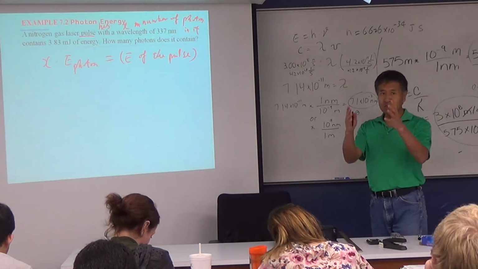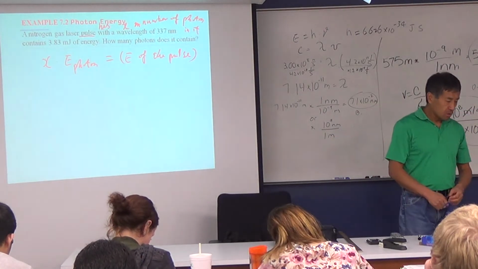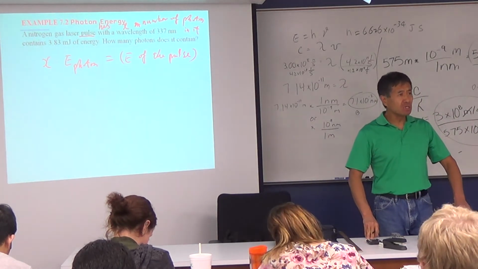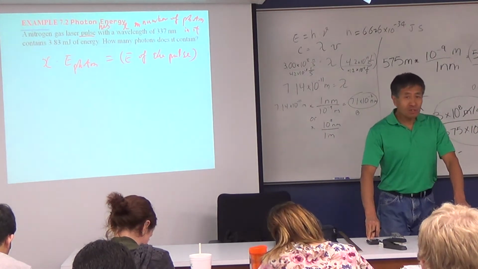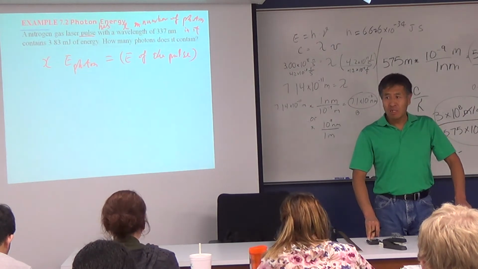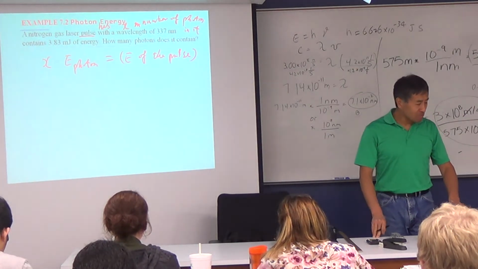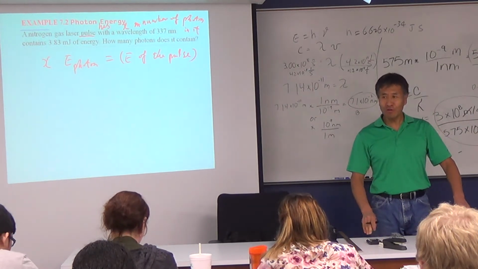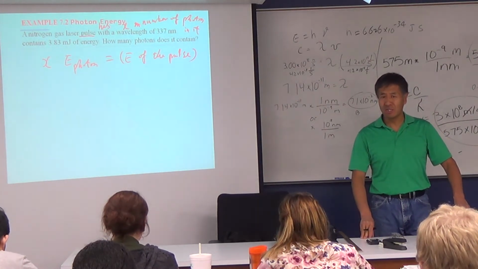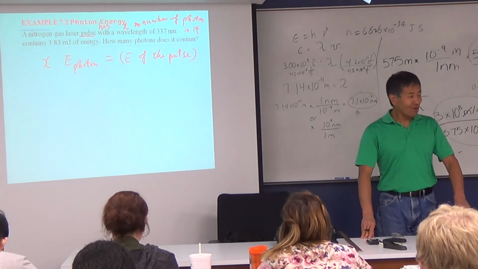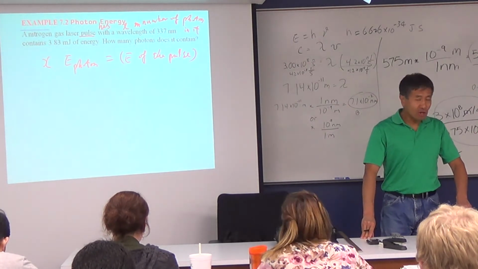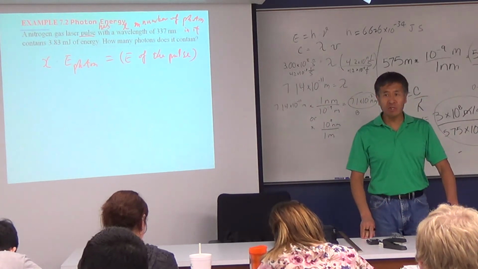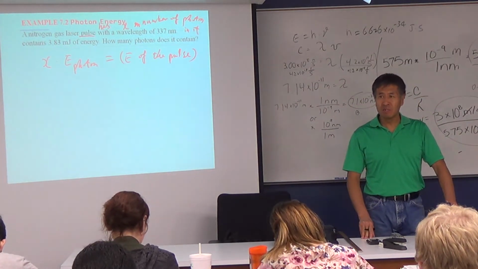So that is the idea. You have that pulse, and it has X number of photons in it. Because it's a laser, all the photons have the same frequency or the same wavelength. Therefore, all the photons have the same energy. If you have X number of photons, then X times E photon will give you the total energy in that pulse.